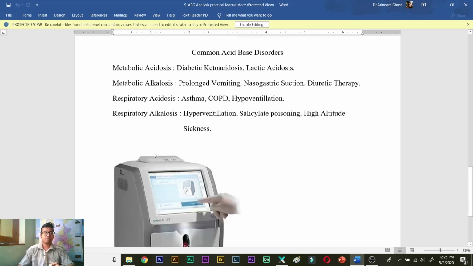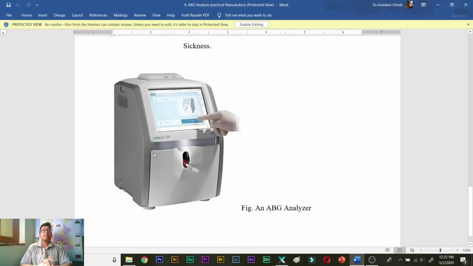Lastly, this is a picture of an ABG analyzer. There is a nozzle in which you simply need to insert the syringe. You need to detach the needle and insert the syringe. The machine will draw the blood automatically. It will take some time.